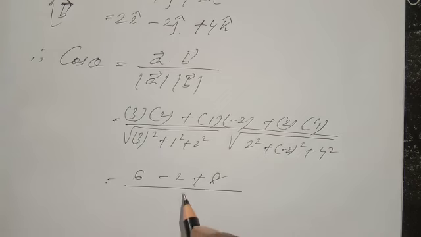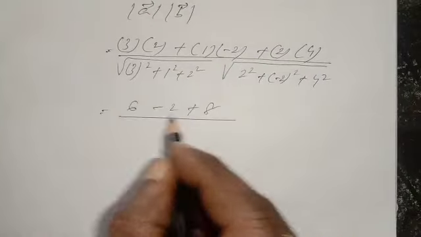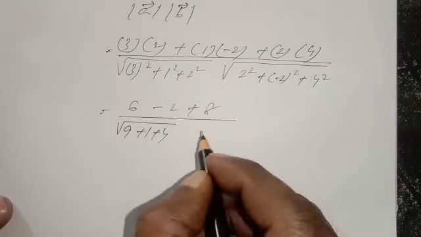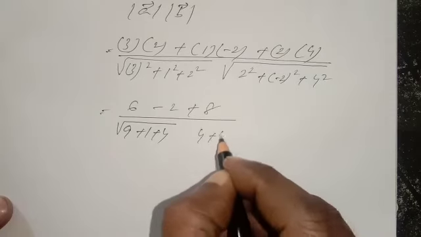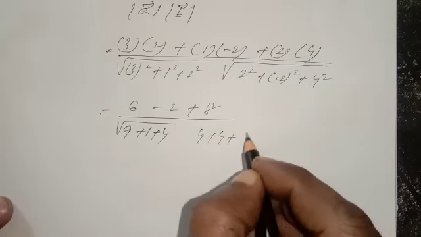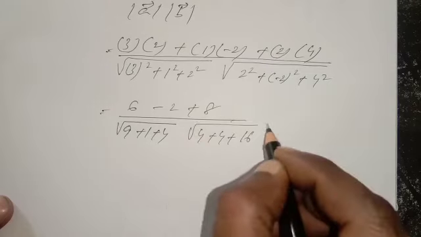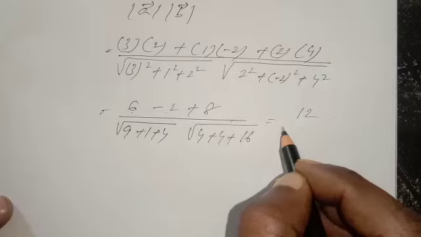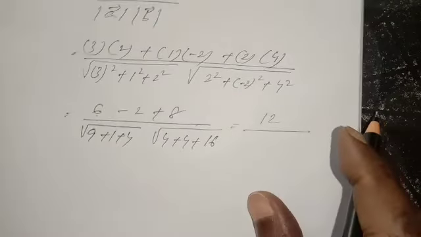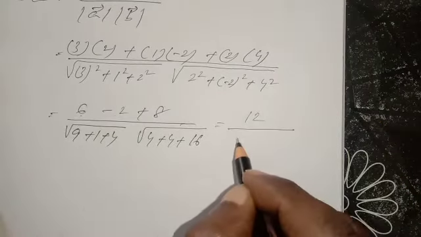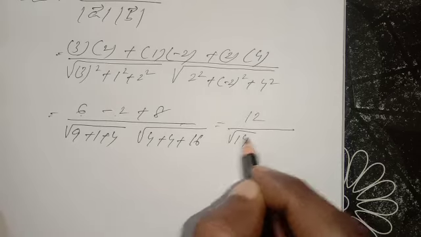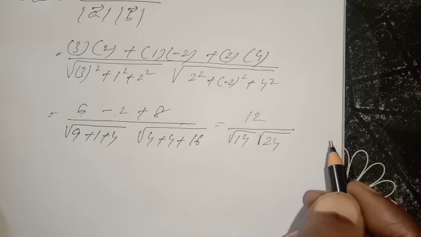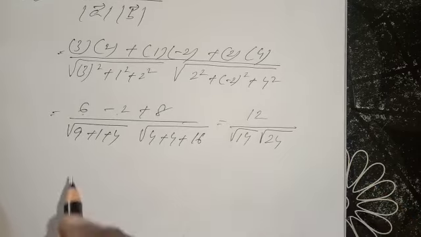The denominator: 3 squared is 9 plus 1 plus 4, and 2 squared is 4 plus 4 plus 16. The numerator is 6 minus 2 is 4, plus 8 is 12. So 12 divided by root 14 into root 24.